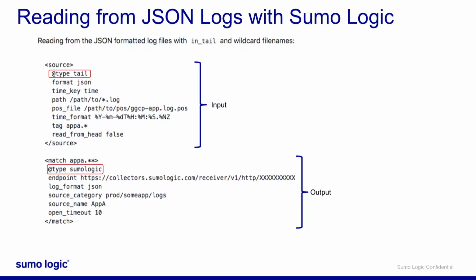There are some parameters set up on it, and it is paired up with this output. Inputs are sources in FluentD, and outputs are these matches. There's a little asterisk there, and this type points at my HTTP endpoint that I've configured.